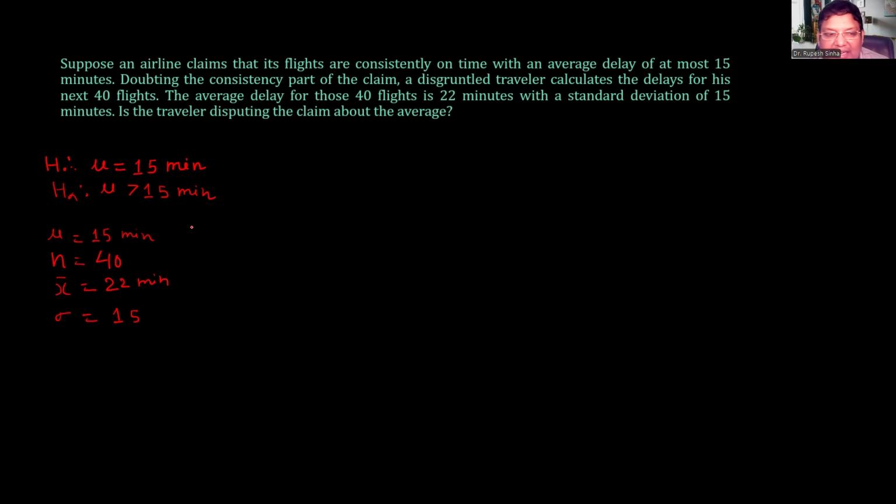When nothing is given, we take the level of significance, that is alpha equal to 5%. And we are going for greater than. So it is what test? It is a one-tailed, right-tailed test. So for this, what is the critical point?